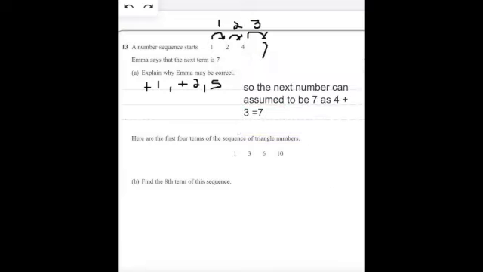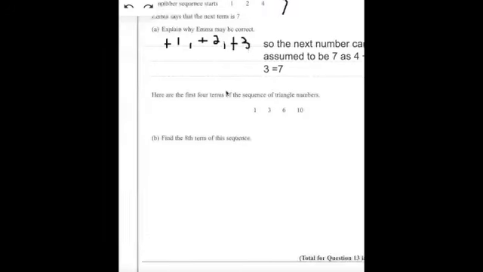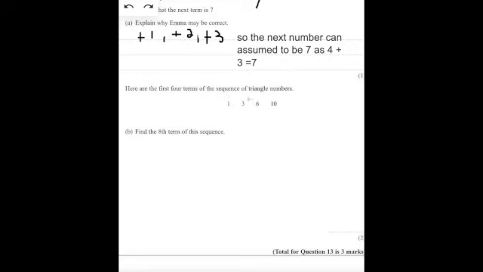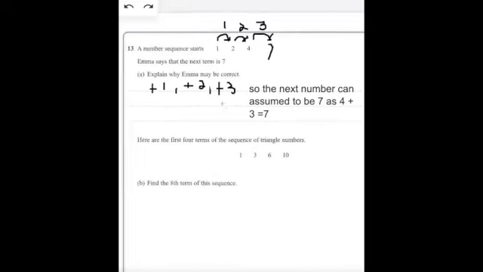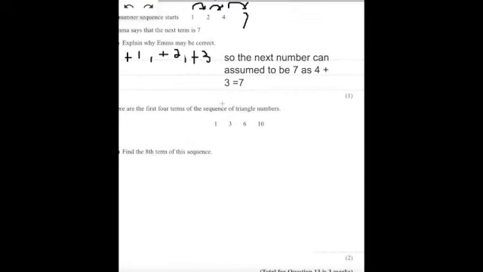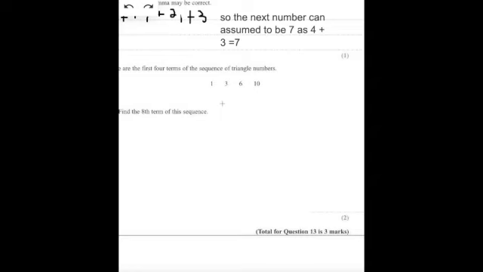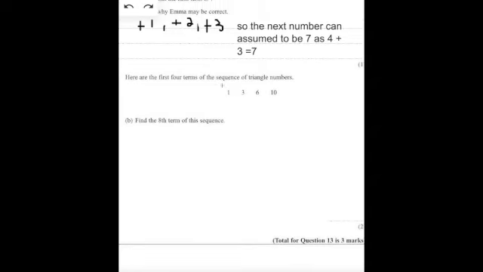In the next one, it says the first 4 terms of the sequence of triangle numbers are 1, 3, 6, and 10. So we do the same thing again. 1 to 3, difference is 2. 3 to 6, difference is 3. 6 to 10, difference is 4. Underneath, so you guys see what's going on.